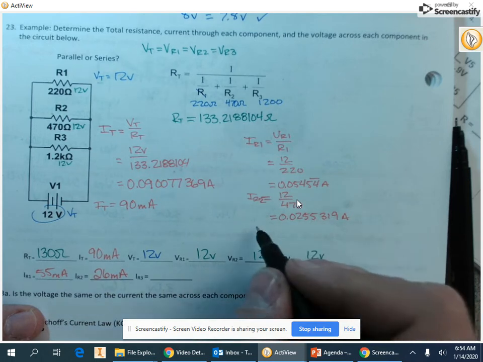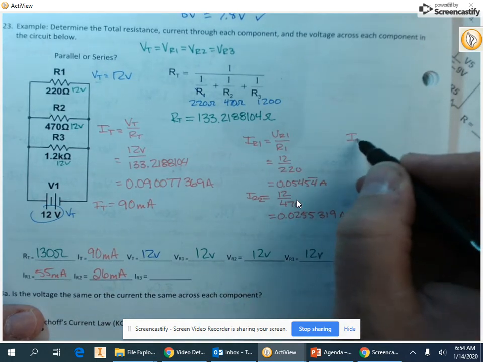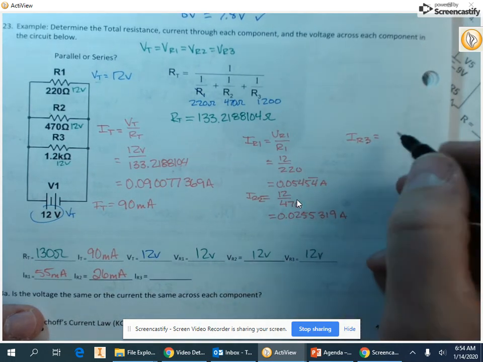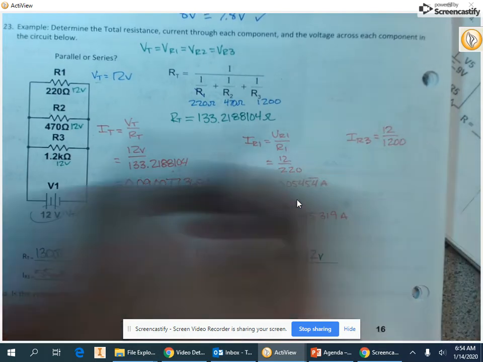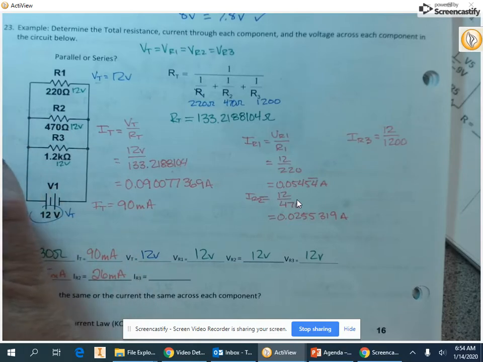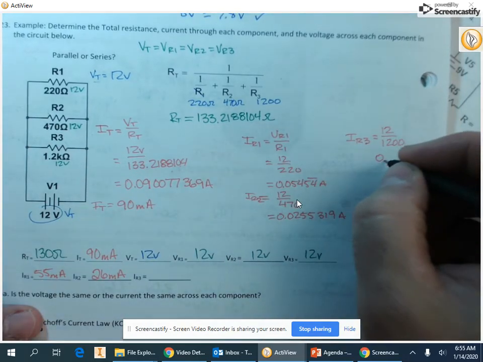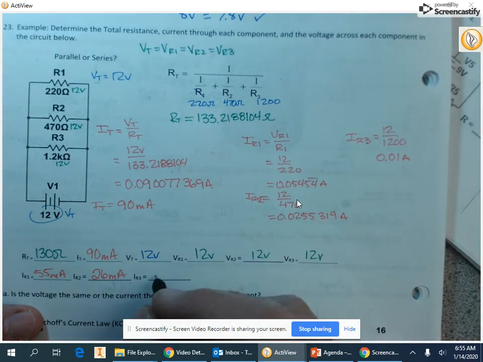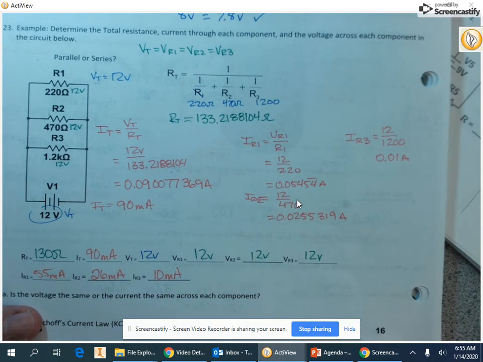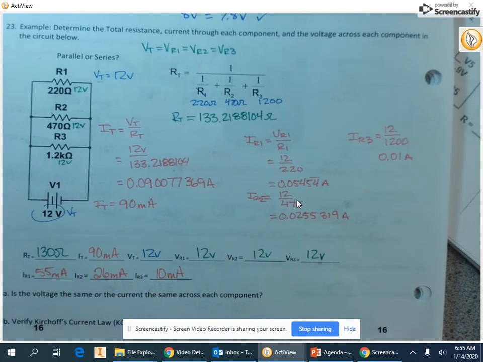And finally, IR3 is 12 divided by 1200, which is 0.01 amps, or 10 milliamps. All right. So that's that.